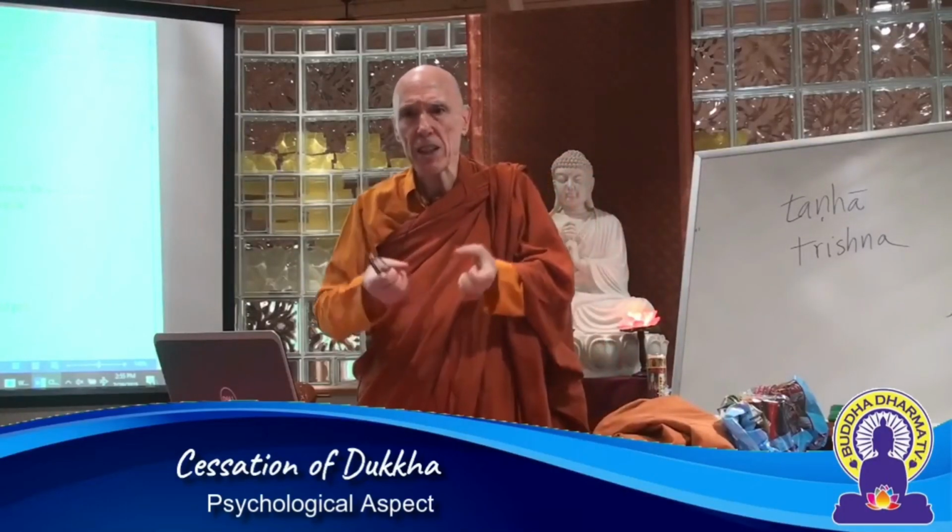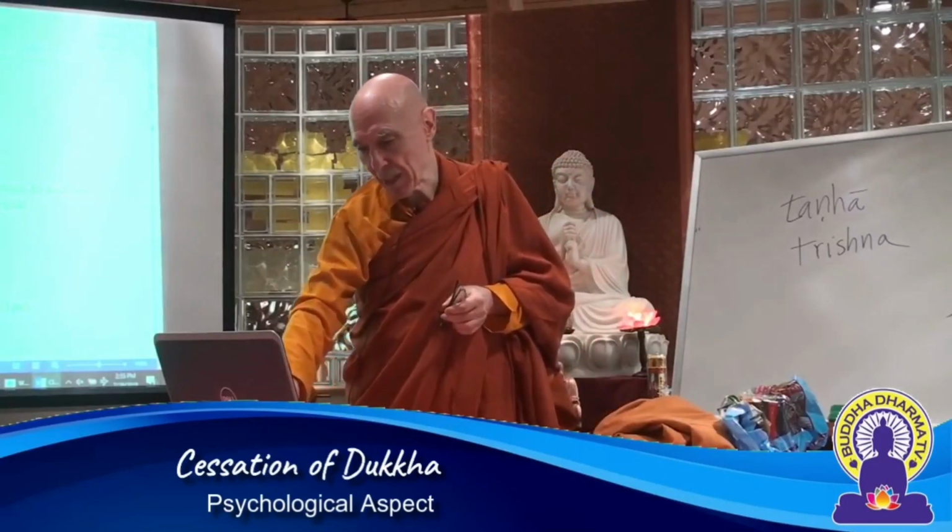There's no more grasping, no more clinging, no more insatiable desire for what I don't have, but there comes a kind of peace and serenity, fulfillment, inner freedom from the compulsive drives of craving. So that is the psychological aspect.